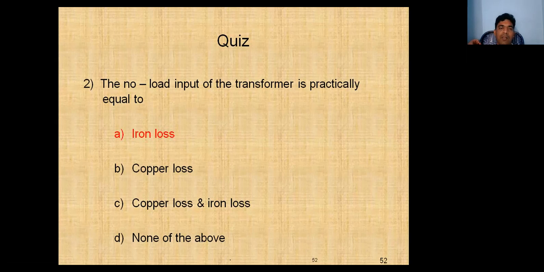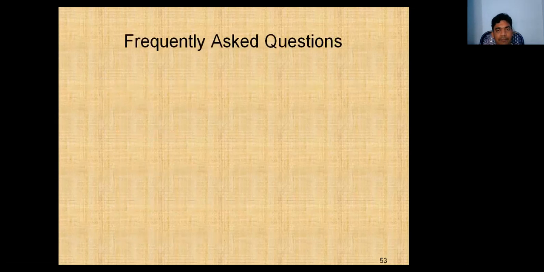The secondary is open circuit and the primary supplies the magnetizing losses. There is a small amount of copper loss, hence we can neglect it.